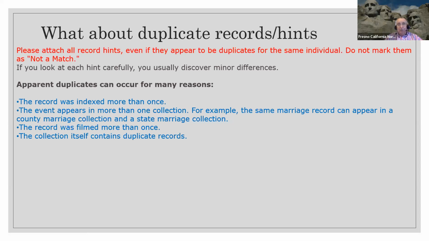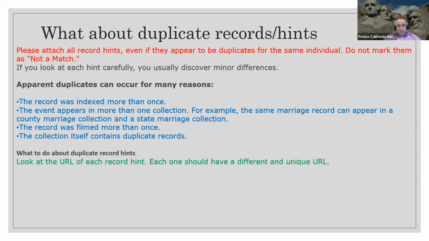And so there could be a multitude of copies of this one marriage floating around. A record could have been filmed more than once. It could actually be on a couple of different films. That happens a lot of times. And the collection itself might contain a duplicate record. There might be 2 of the same record in there. So there are many ways to have duplicates.